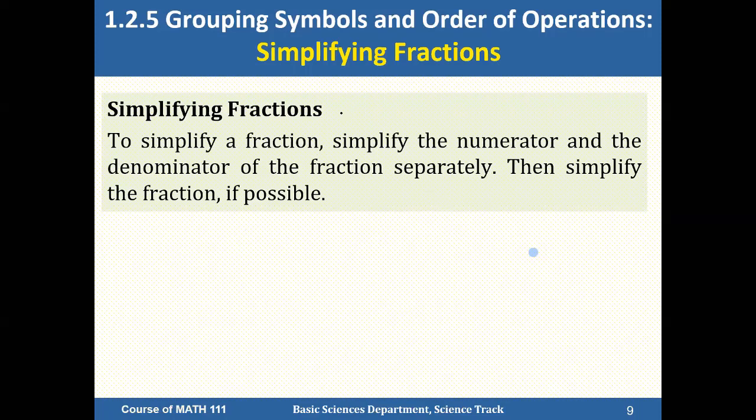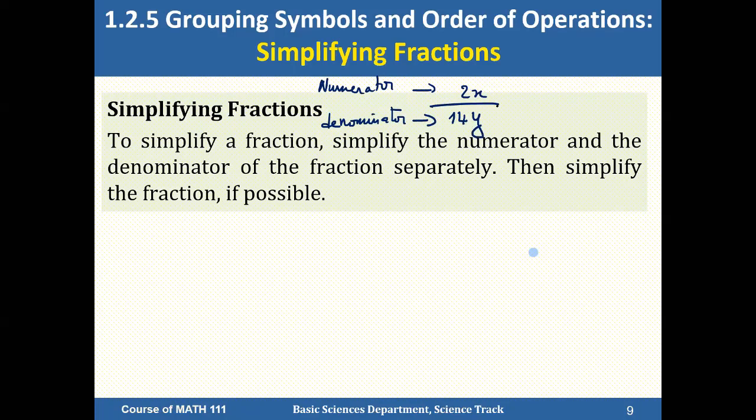Simplifying fractions. Fractions: the top we call the numerator, and the denominator is the bottom. So 2x over 14y.